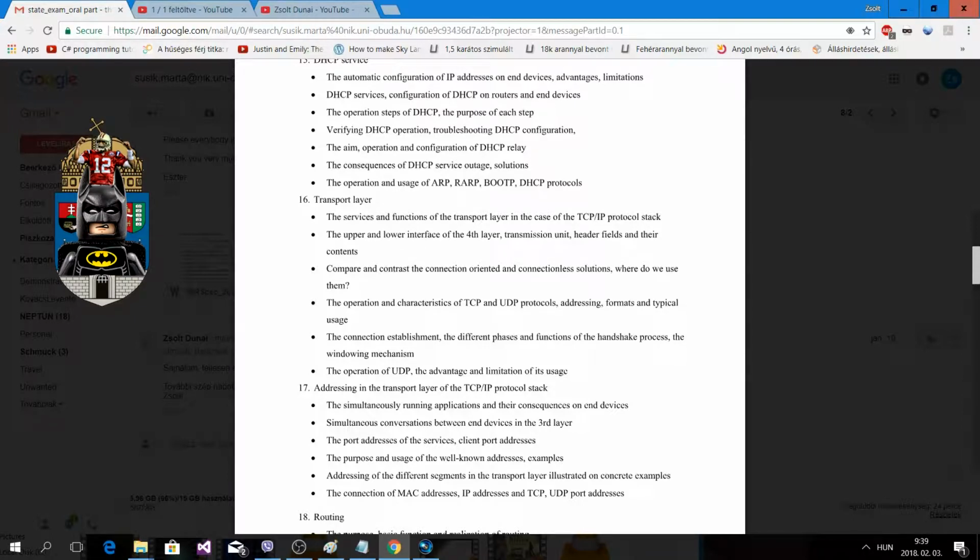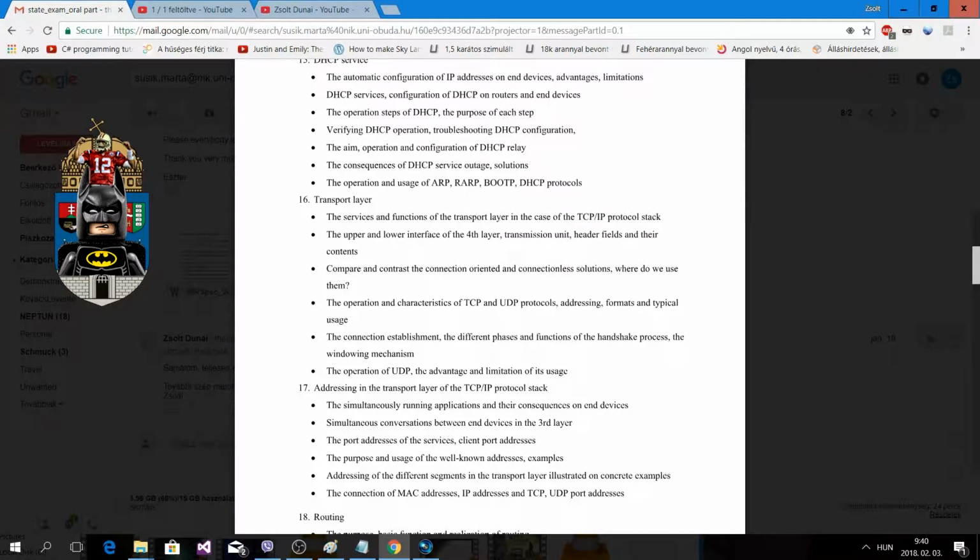Both of them are important, but TCP is important because a logical path will be created before the transmission. This path will be maintained during the transmission, and at the end it will be terminated. As I said, it's more reliable because it has its sequence and acknowledgment approach.